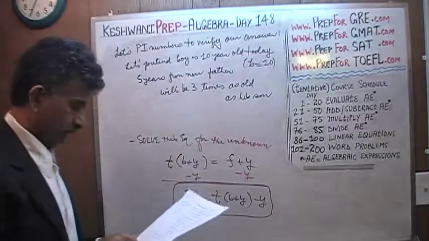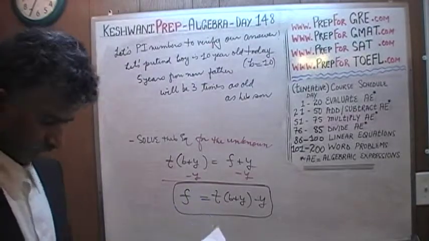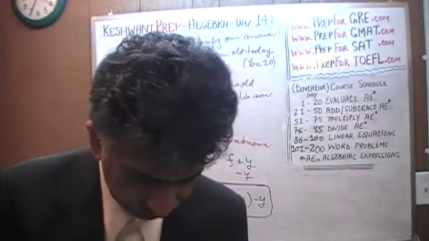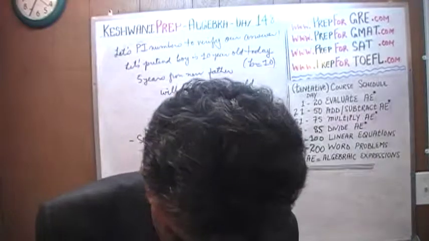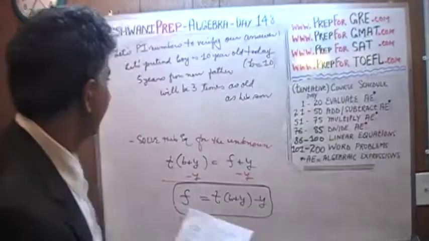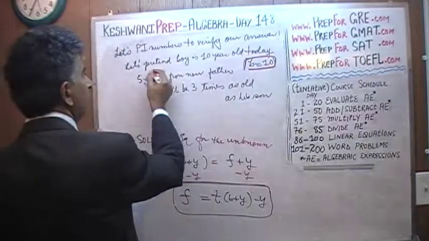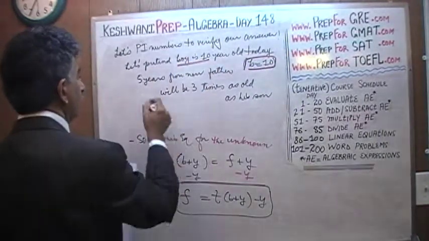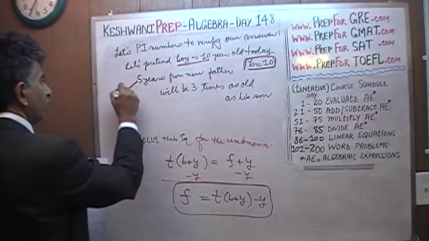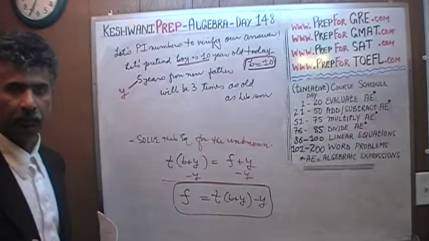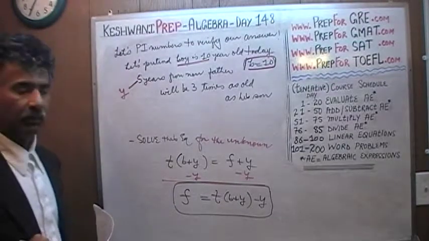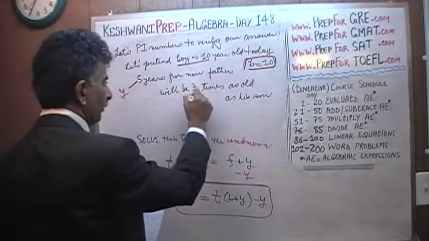Okay, follow the logic and see what happens. Let's first understand what numbers we are plugging in for the variables. There are 3 variables here. One we already figured out, b is 10 because we're pretending that the boy is 10. 5 years from now was our y. In the problem we were given y years from now. We were told that the father is going to be t times as old. So your t is 3.